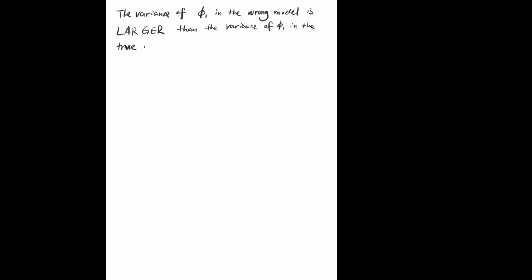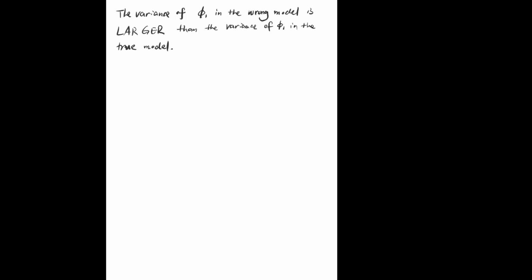So the variance of phi1 in the wrong model is larger than the variance of phi1 in the true model, or in the correct model.